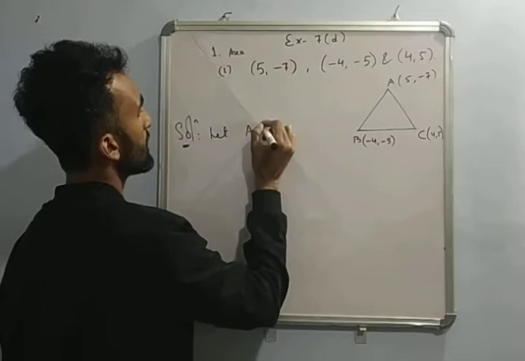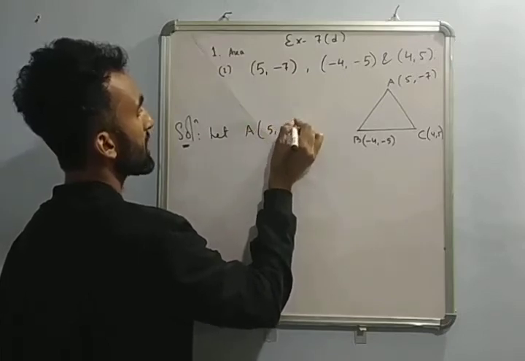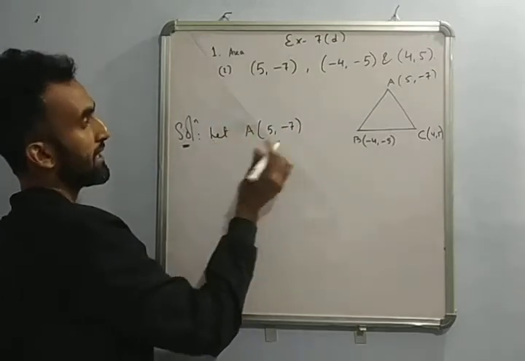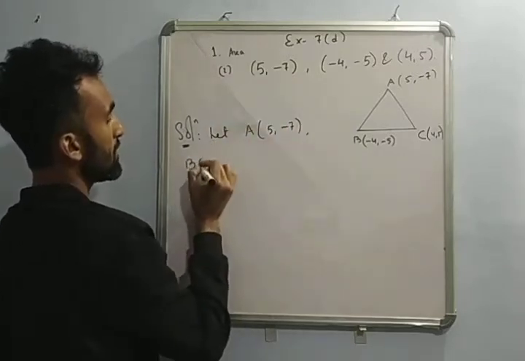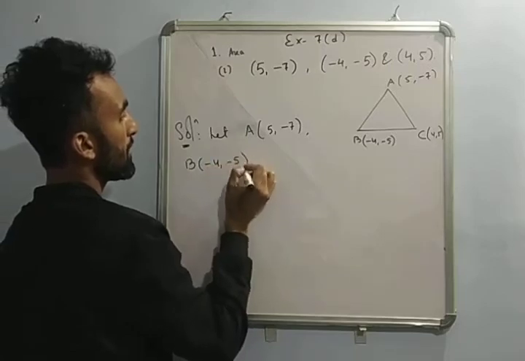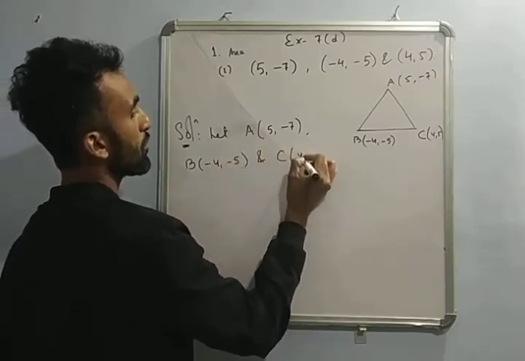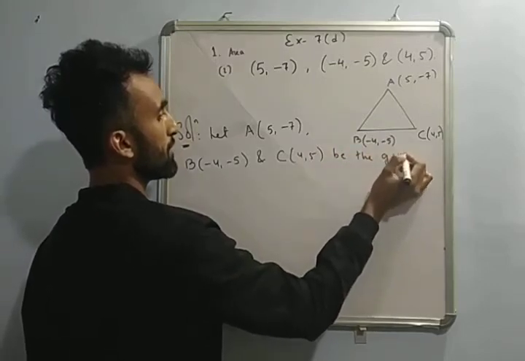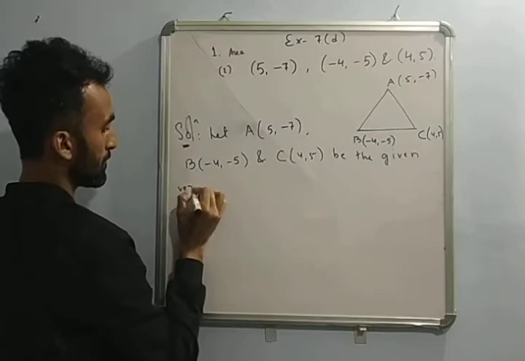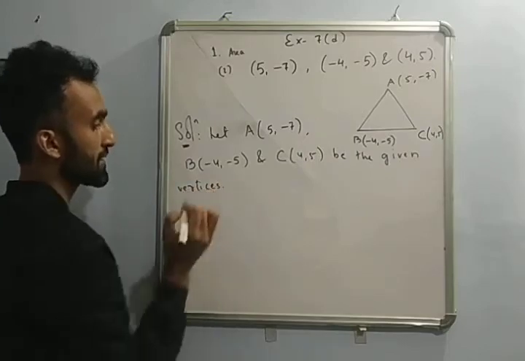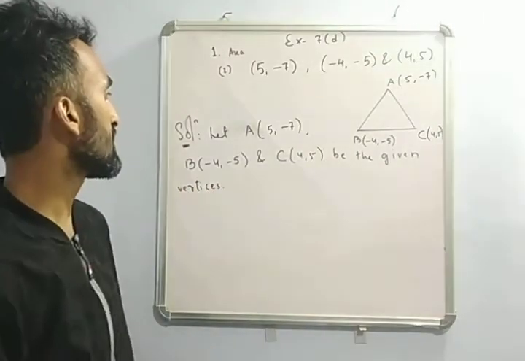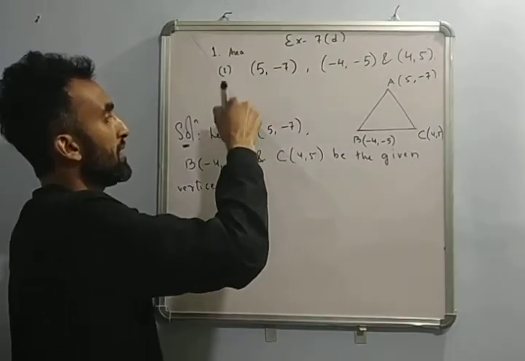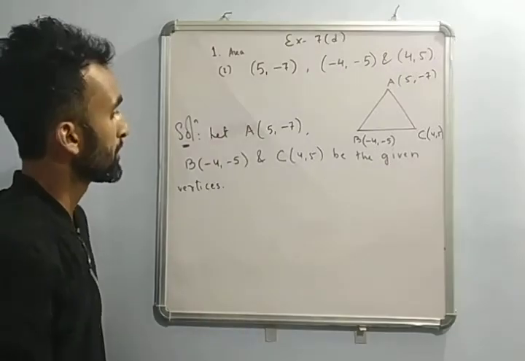Let A (5, minus 7), B (minus 4, minus 5) and C (4, 5) be the given vertices. I am writing 'let' because letters were not given. If ABC was already given, I would write here 'given'. These are the things which you have to take care of.